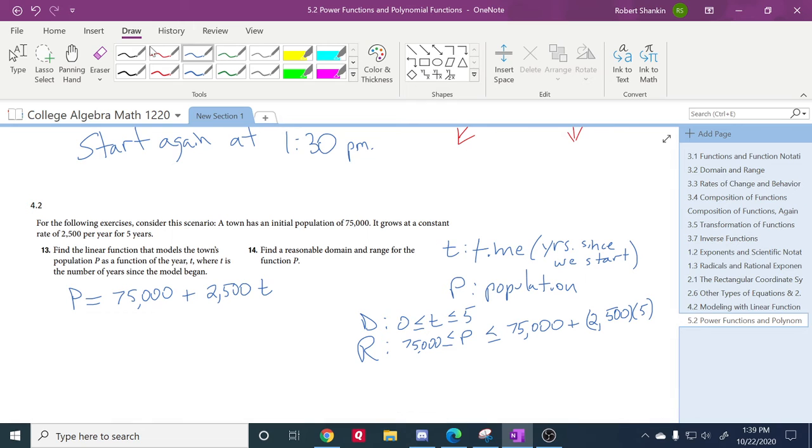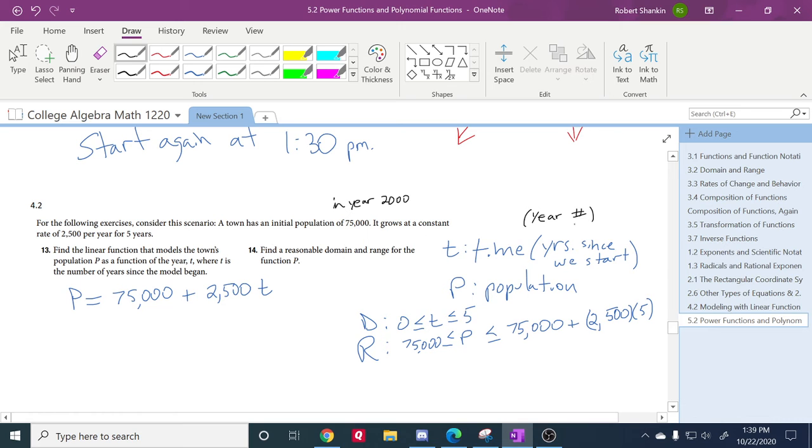Now that's one way to do it. Somebody else might put the time as the year number. So for instance, it might have an initial population of 75,000 in the year 2000, and then it grows at this for 5 years. And then the domain could be between the year 2000 and 2005. And then the function becomes more complicated when you have the year number and so on.